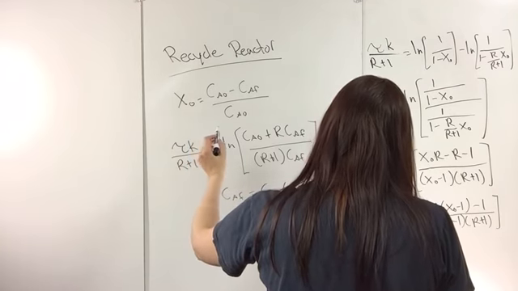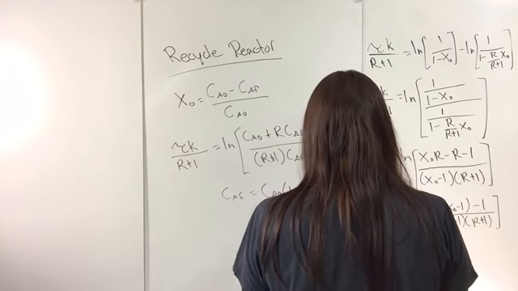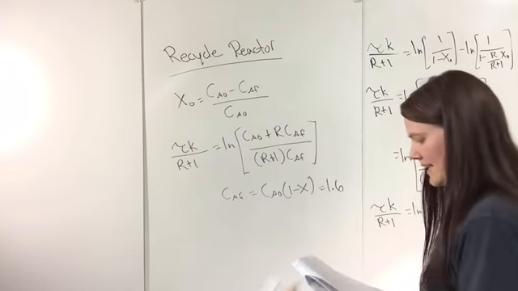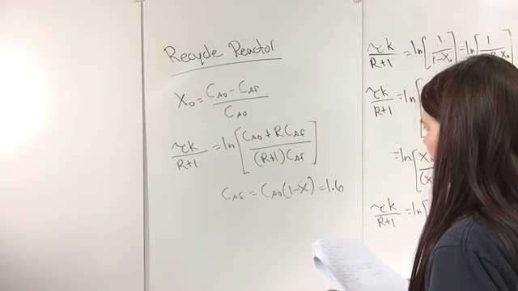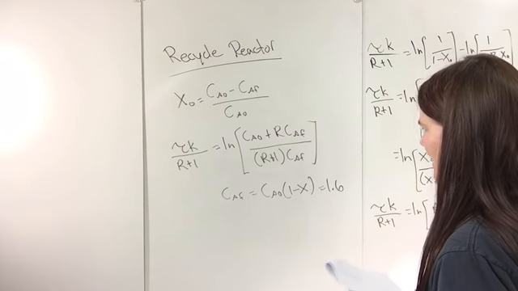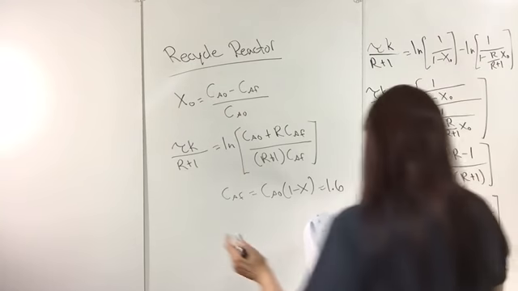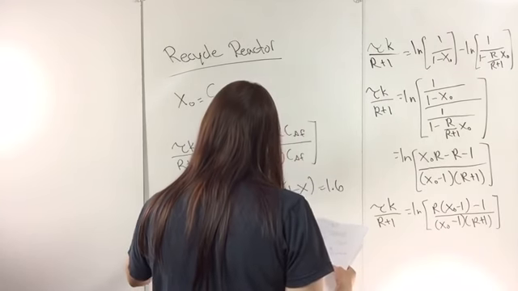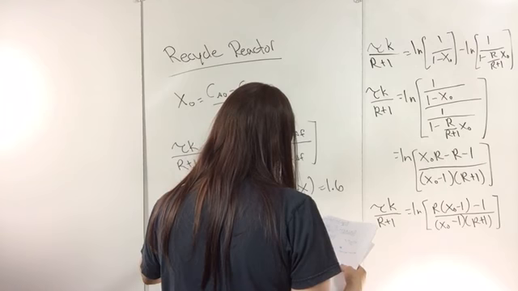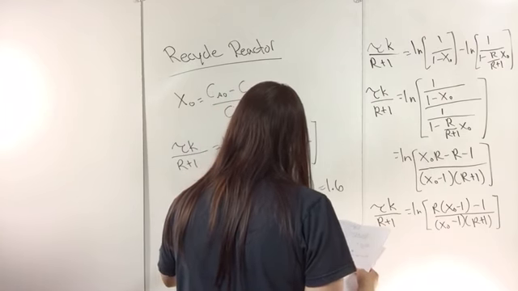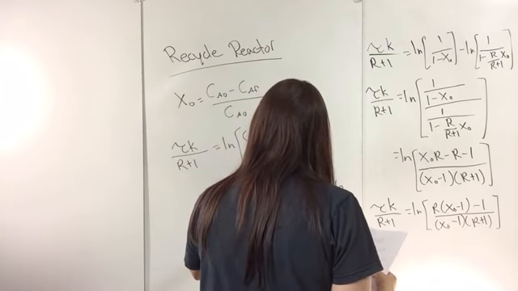We know tau because we know v and we know v naught. We just calculated CAF and we know Ca naught. So going through that, if you plug everything in, you get that K is equal to 0.1339.